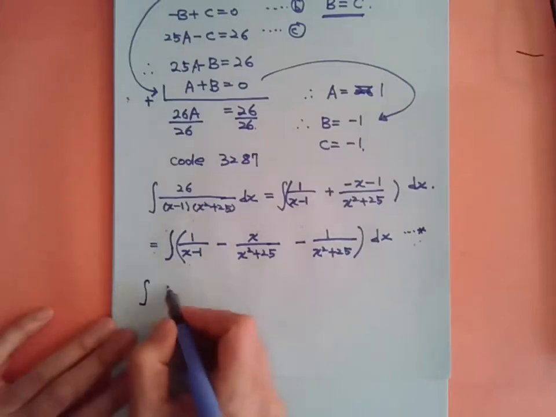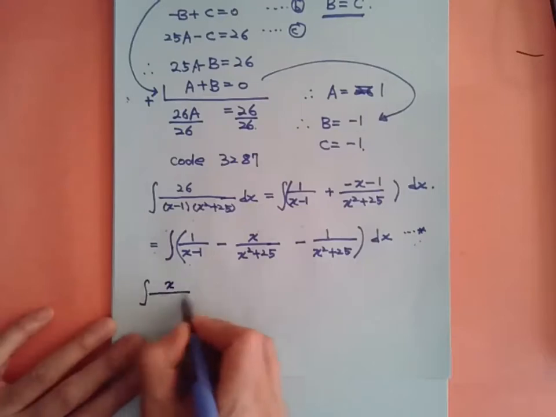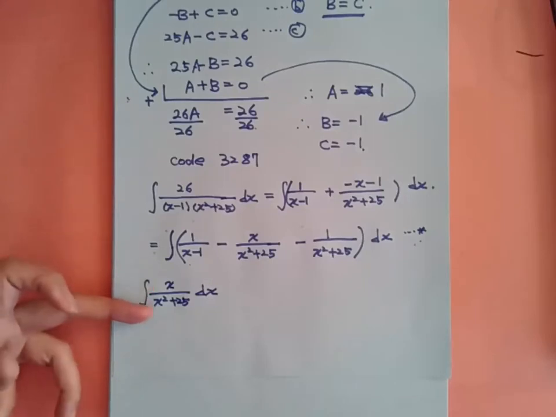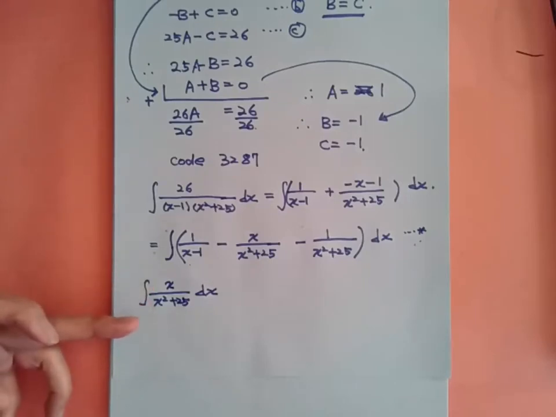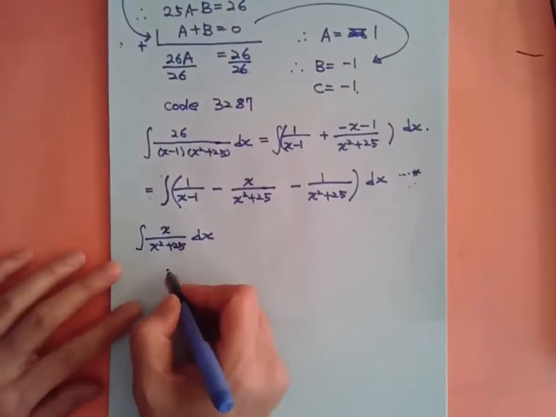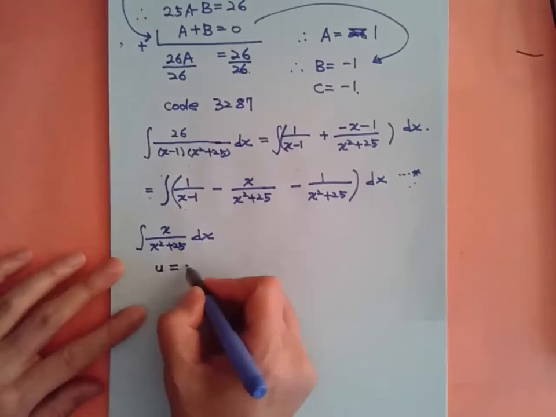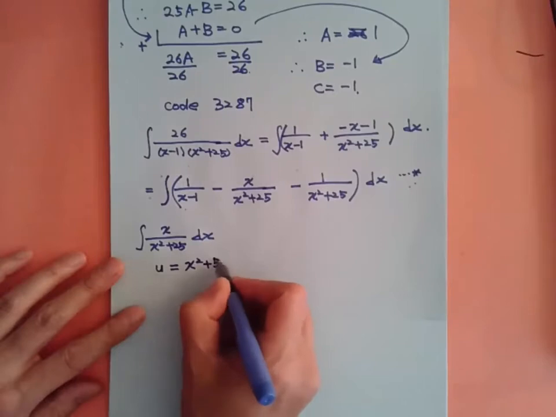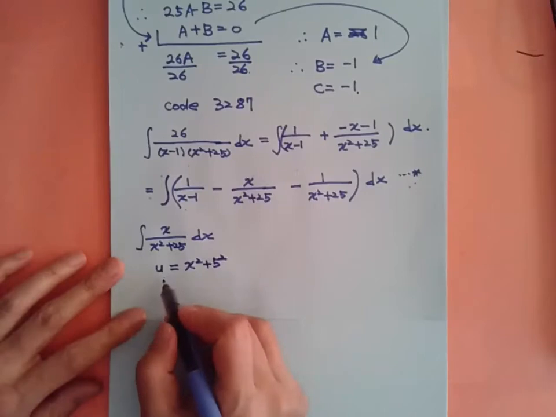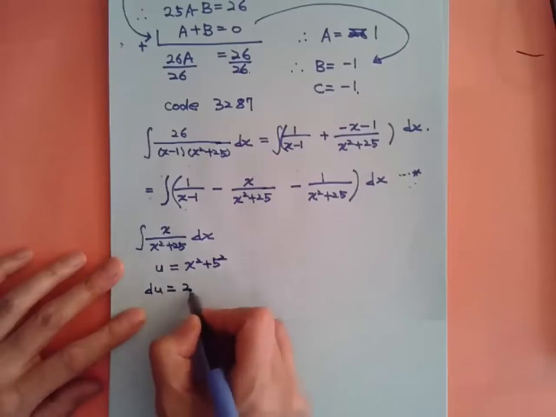Let's do x over x squared plus 25 dx. The degree of the numerator is 1 less than the degree of the denominator, so we can think about the substitution method. If we put u equals x squared plus 5 squared, then du equals 2x dx.